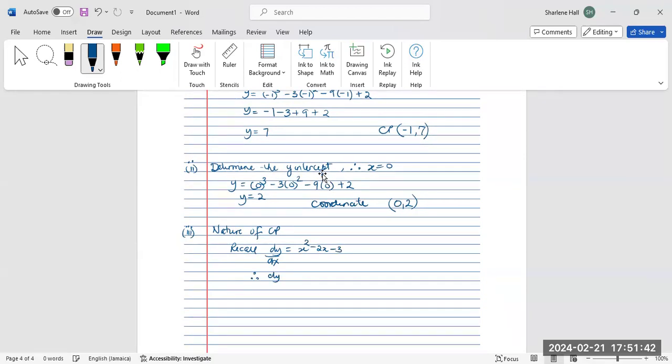So therefore d squared y by dx squared is going to be equal to 2x minus 2.